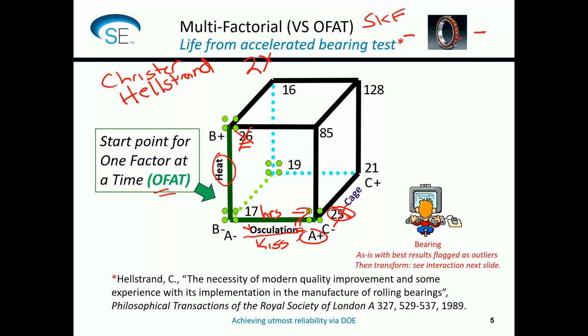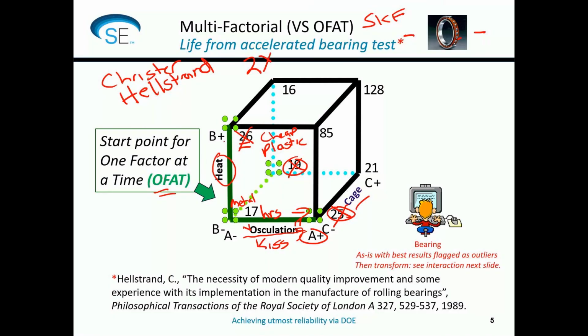And then finally, the last thing was actually the material of the cage, which originally was a metal raceway, and they switched to the plastic. Now, this was not successful in the sense of doubling the life, but the plastic was cheaper, and so there was a win that came out of the one factor at a time approach and was verified in our multi-factor approach.